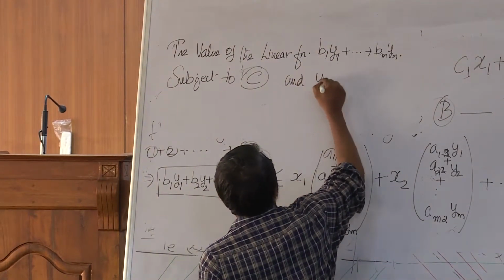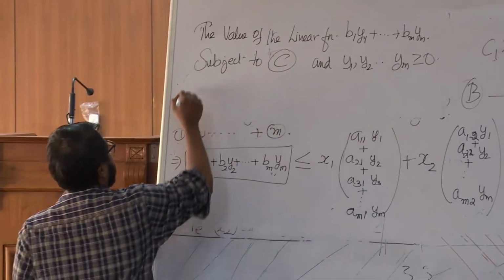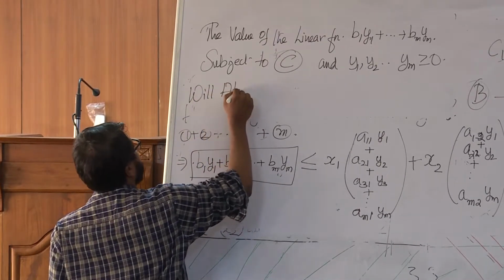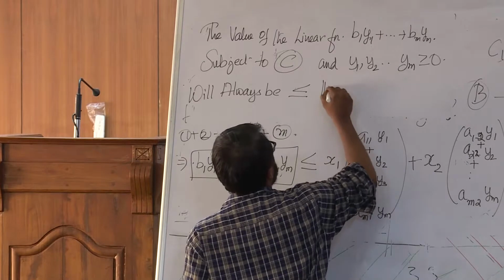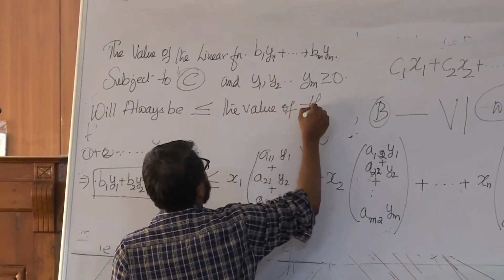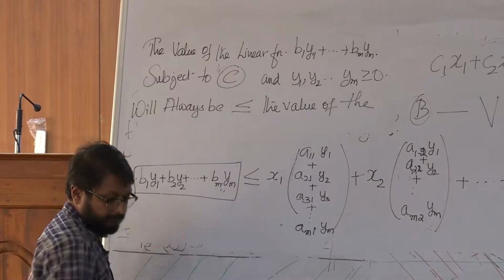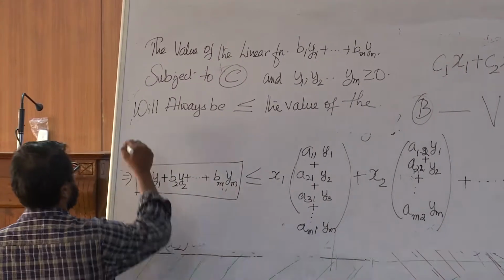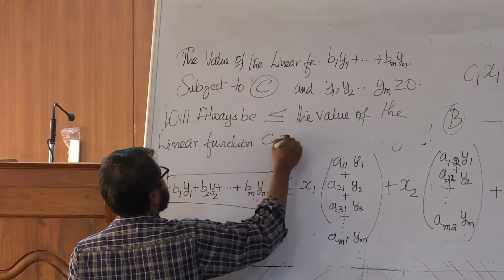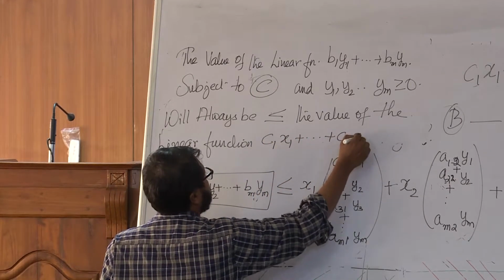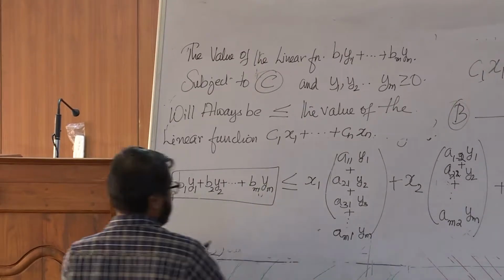will always be less than or equal to the value of the linear function, that is what we proved, right, subject to the constraints.